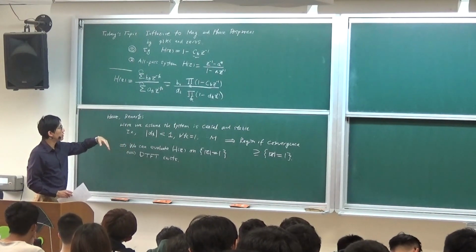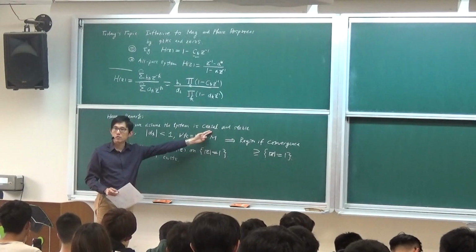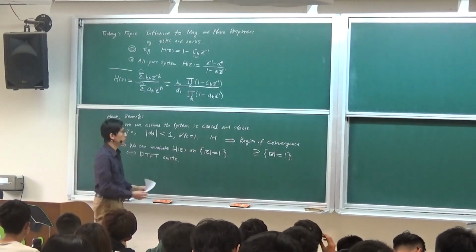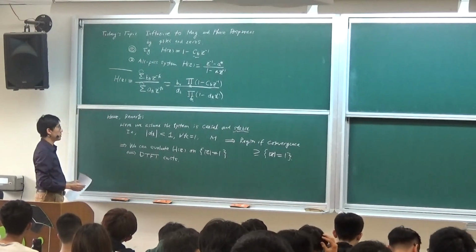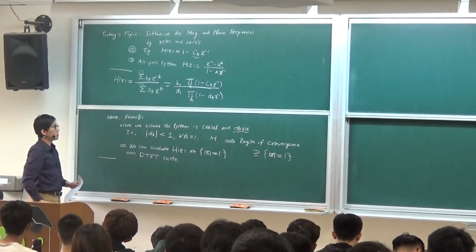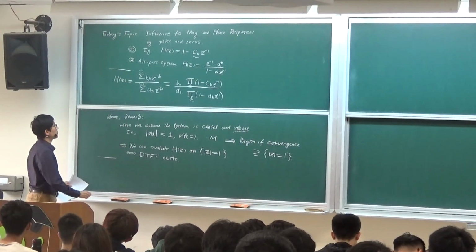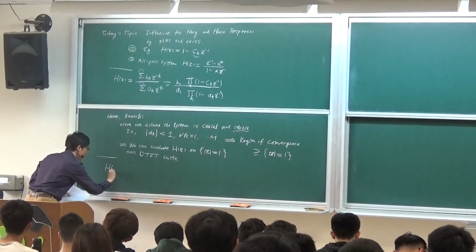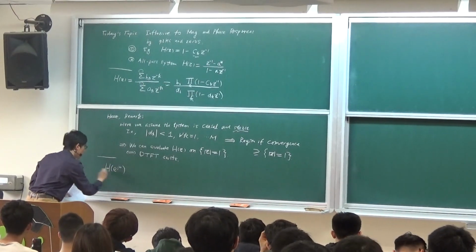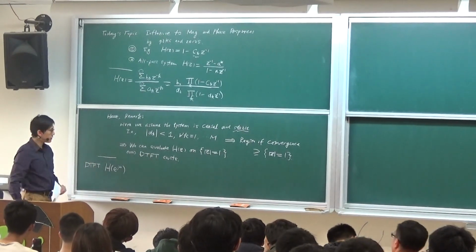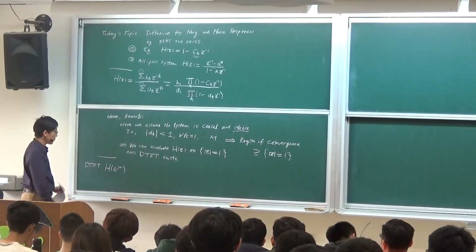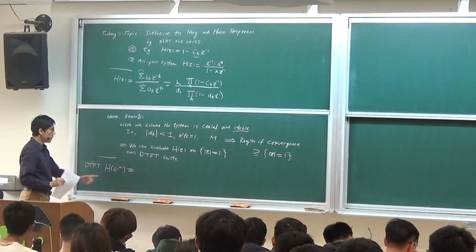Then we have a causal and stable system. Mainly, our concern is stability. So if this can be assumed, then this is the DTFT of the impulse response. Let's evaluate the frequency response on the unit circle.